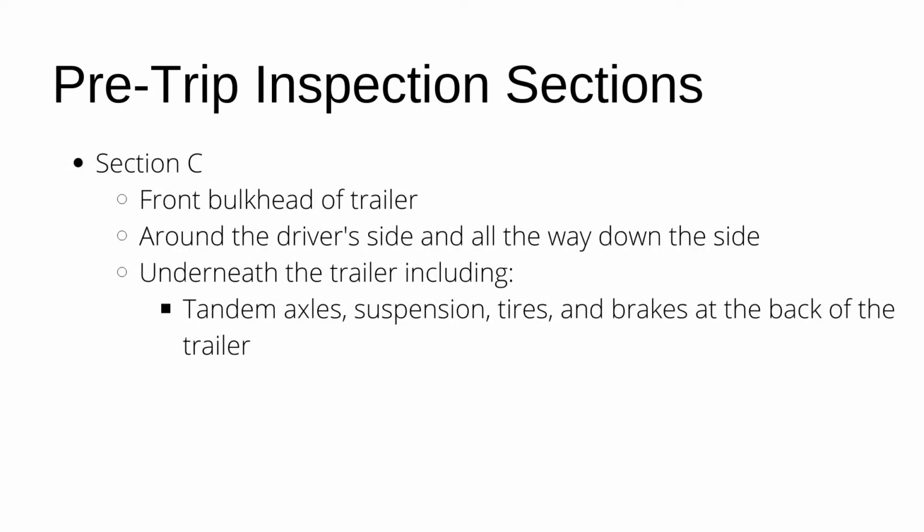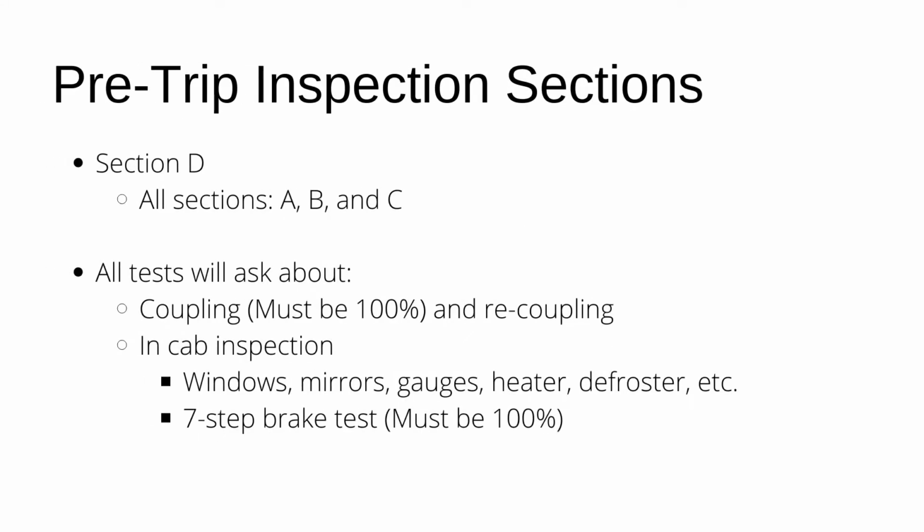Section C basically covers the front bulkhead of the trailer and around the driver's side all the way down the side and underneath, including the tandem axles, suspension, and tires and brakes at the back of the trailer. DPS also has the option of giving you Section D, which is all 3 of what I've just told you about, A, B, and C.